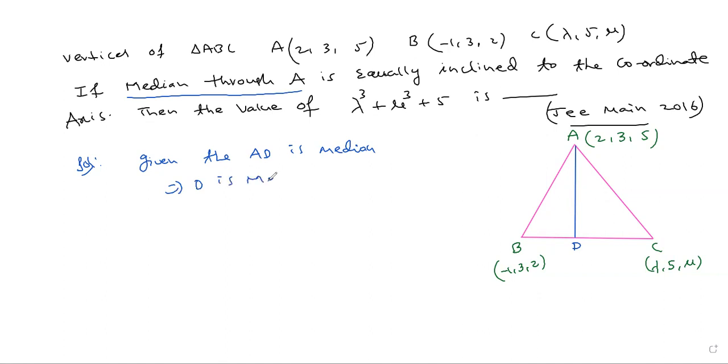D is, you can write, the midpoint of BC. All of you know the midpoint formula: (x1 plus x2)/2, (y1 plus y2)/2, (z1 plus z2)/2.